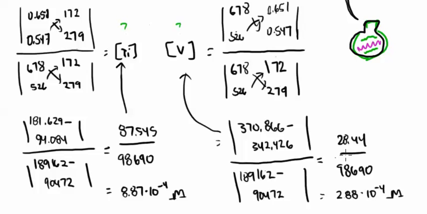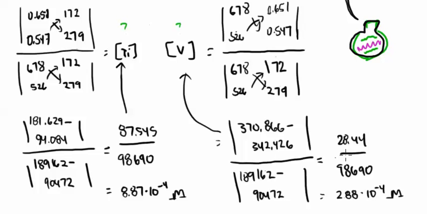Notice that there are things called names, math, and edit up at the top. You can plug in the numbers to the matrix in your calculator and have the calculator solve for you to get 8.87 times 10 to the negative fourth and 2.88 times 10 to the negative fourth. So it can be done.